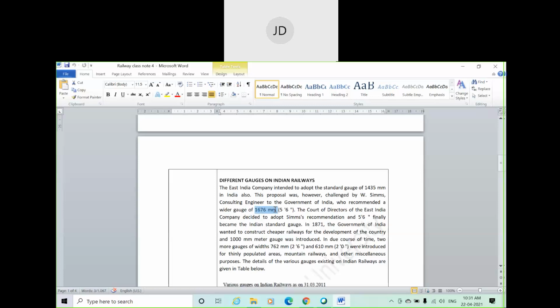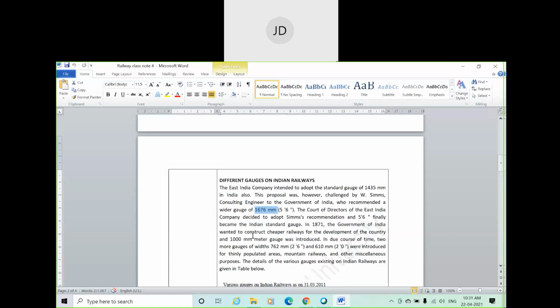So finally, the court of directors of the East India Company decided to adopt Sim's recommendation, and this 5 feet 6 inches finally became the Indian standard gauge, that is 1676 millimeter.